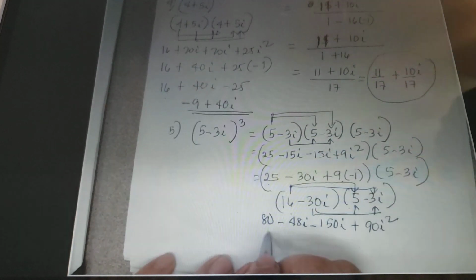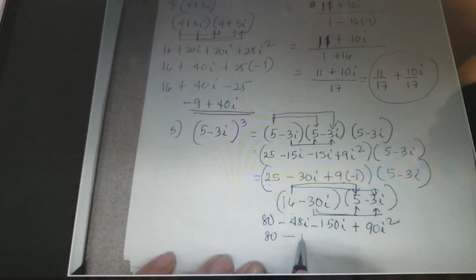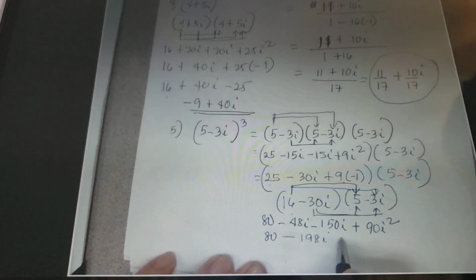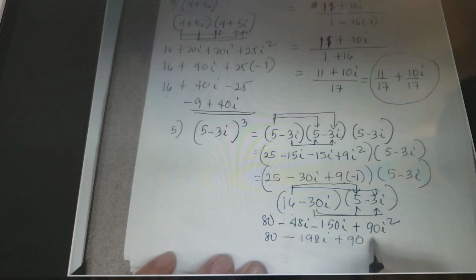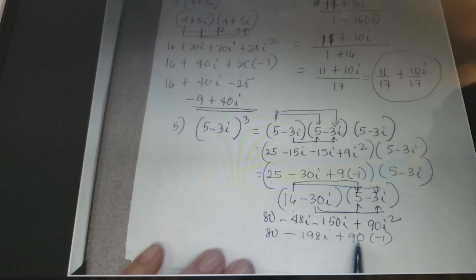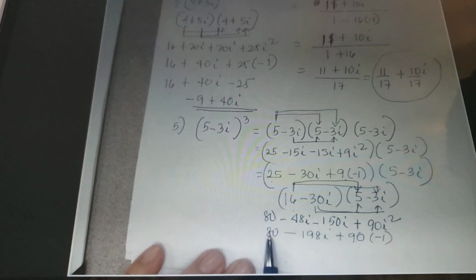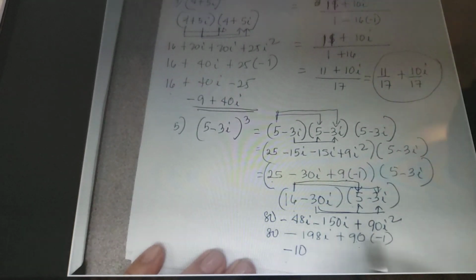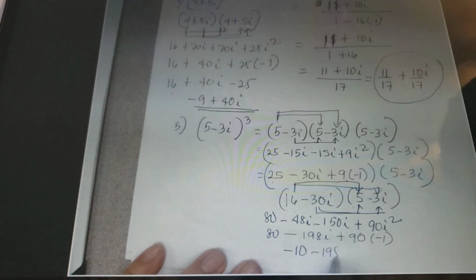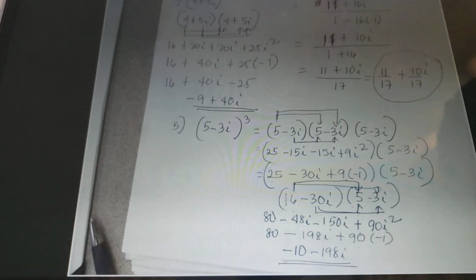So 80, then 198i, 90 times negative 1. So 90 times negative 1 is negative 90, plus 80 is negative 10. And then minus 198i. So this is the answer. Okay?